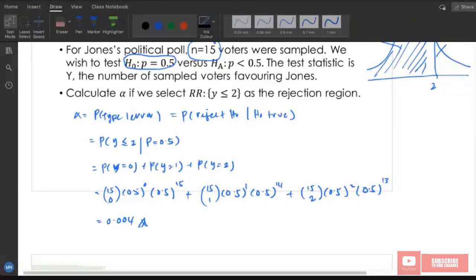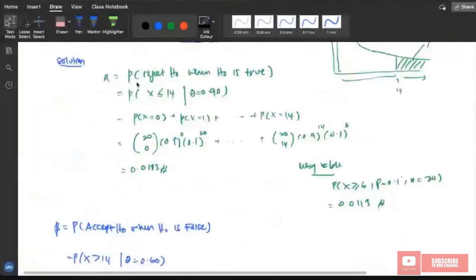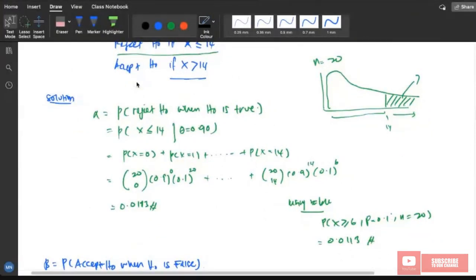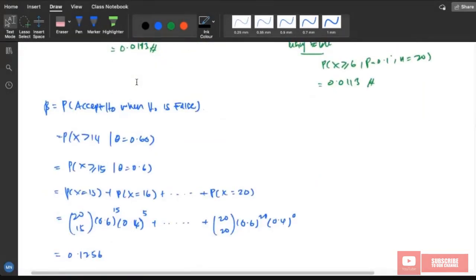For 20 and 50, how do I calculate with the calculator? I don't understand. What is your question actually? I don't understand. Can you voice out? Easier. In example 1, the brackets. Where? This one. 20 choose 15.